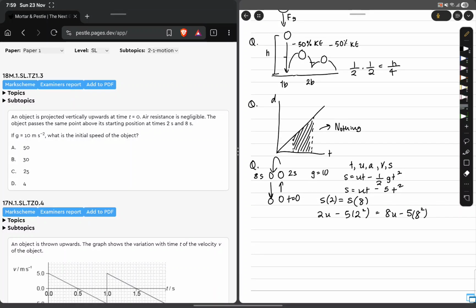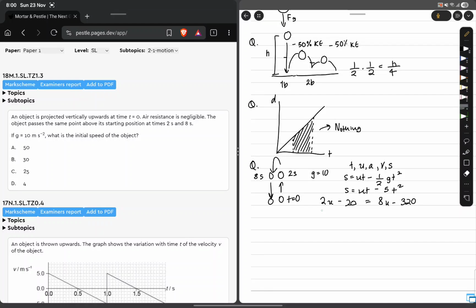So that's going to get us 2u minus 5 times 2 squared, which is 4, 2u minus 5 times 4, which is 20, equals 8u minus 5 times 8 squared, which is 64, which is 320.